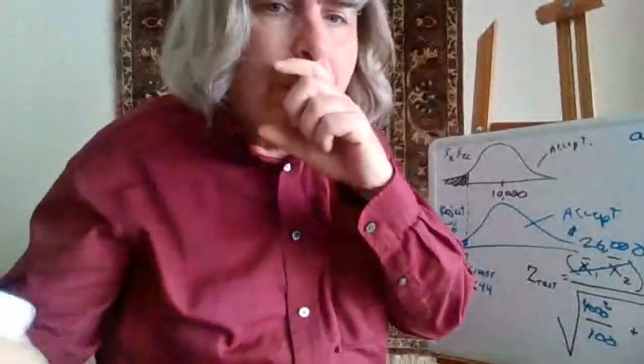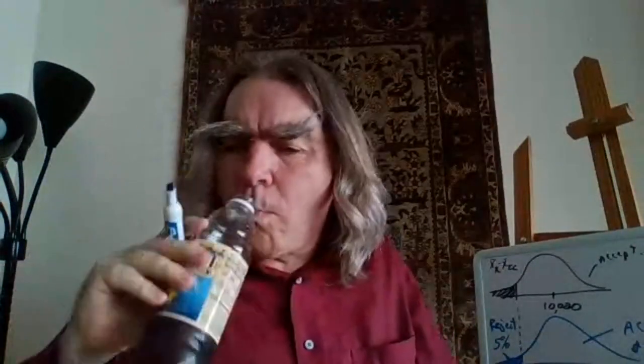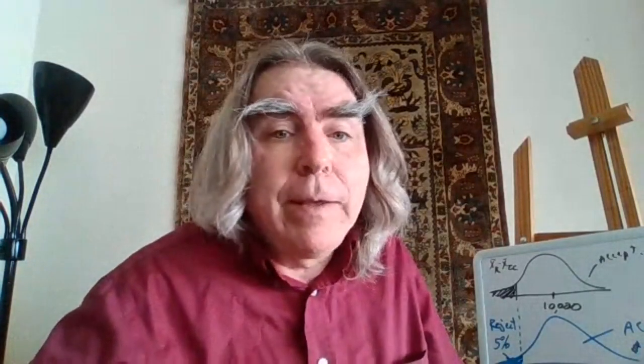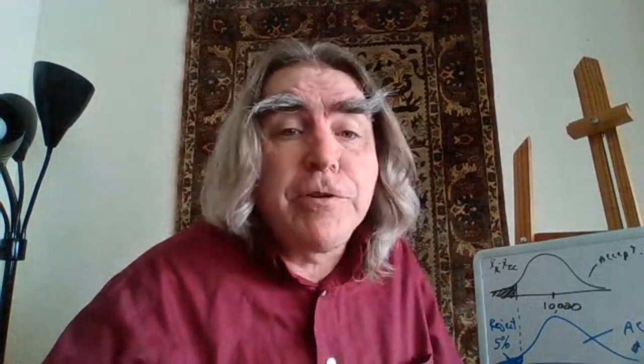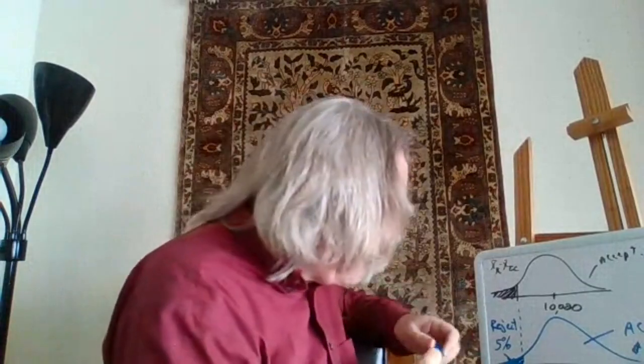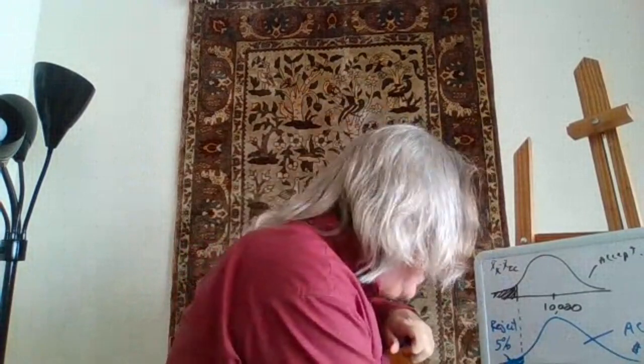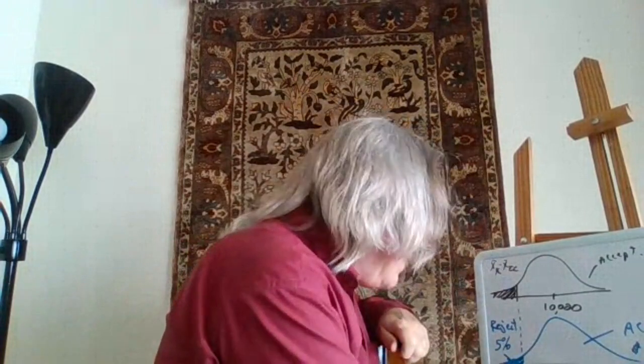All right? Okay. You know what? It is 2:44. So what I'm going to let you do from here on out is just the math. Once we have the z-test number, the last step is to compare it.